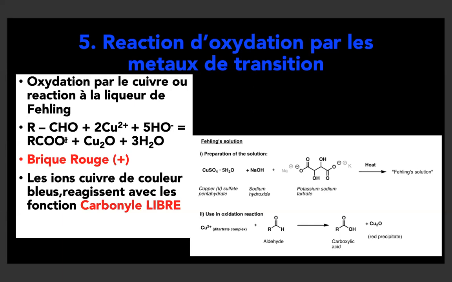So when you react this glucide here with this complex compound, we are going to produce a brique rouge, or a red precipitate. Now, if it's going to be a red precipitate, it means it has been in alignment with two conditions. The first condition being this reactant we had was an aldehyde.